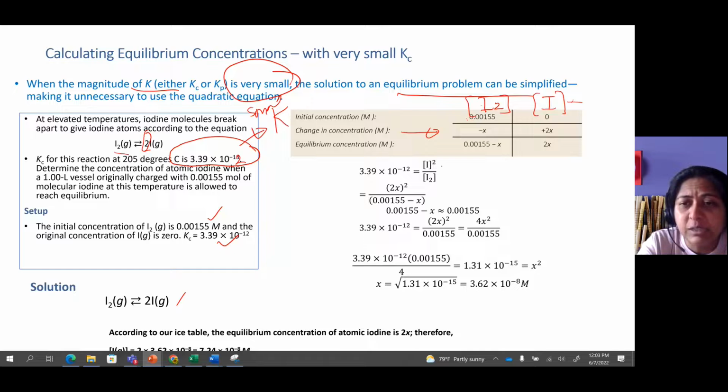because here there is a coefficient of 2. So we plug those values. These are the equilibrium concentrations derived using the X terms, and then I plug those values into this equation.